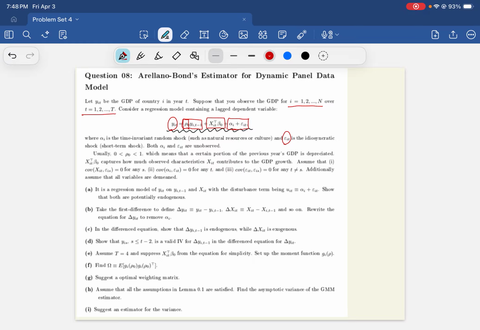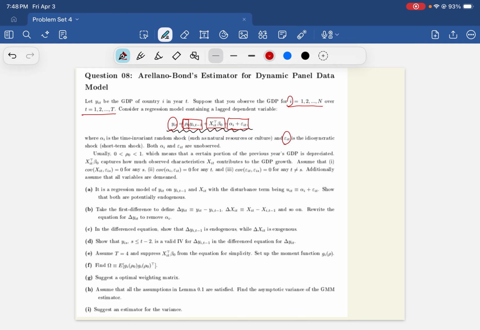You may imagine other cases. For example, I may be a firm and the output may be sales. A firm's sales may depend on the accumulated reputation the firm has, or your test score.